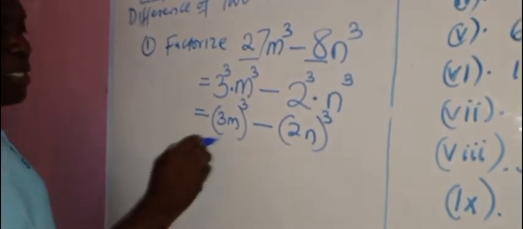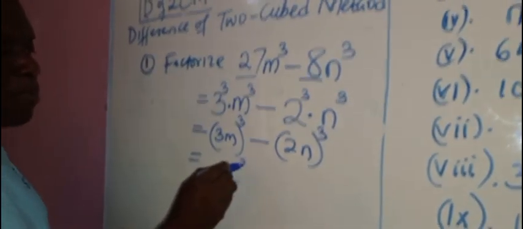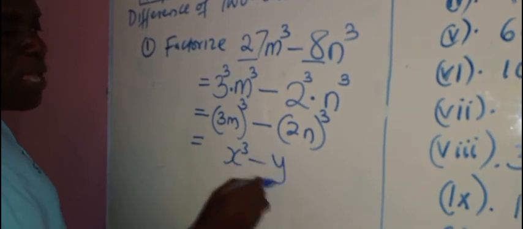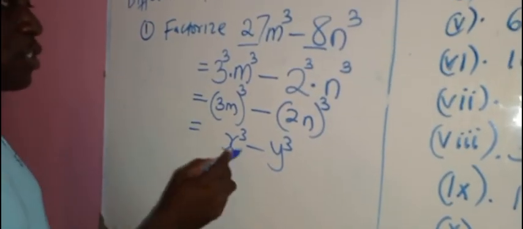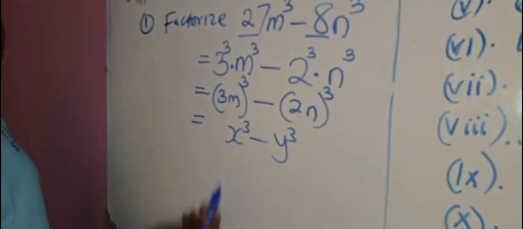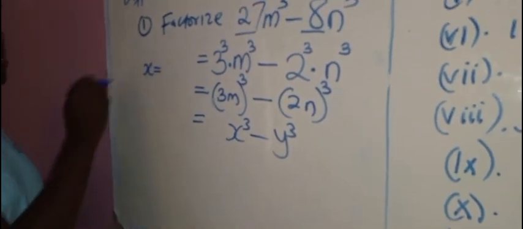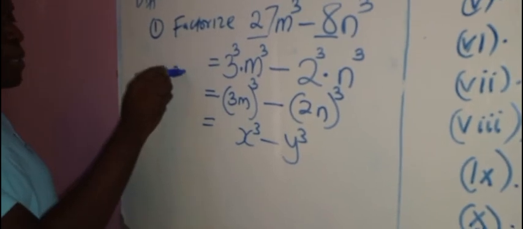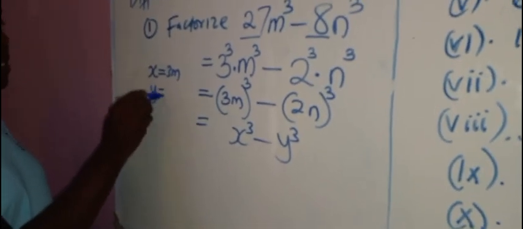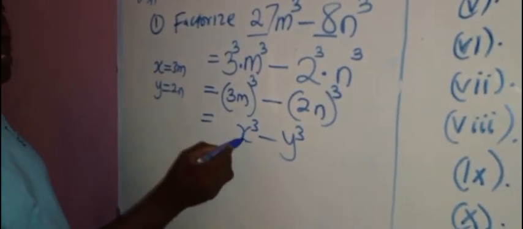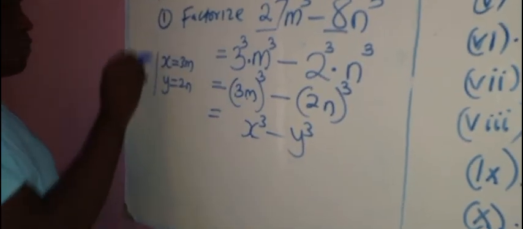Now, assume that this is x cube minus y cube, because that is difference of 2 cubes. If you compare this to this, it means that your x is 3m, your y is 2n. Compare this to this. Take note of that.